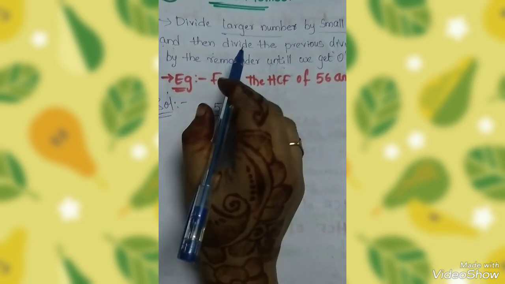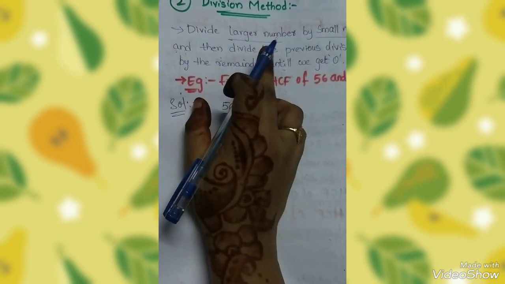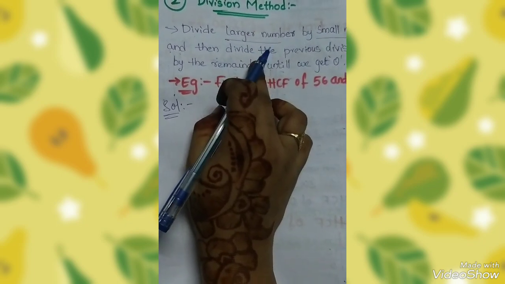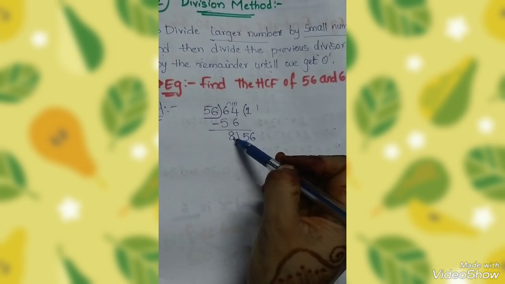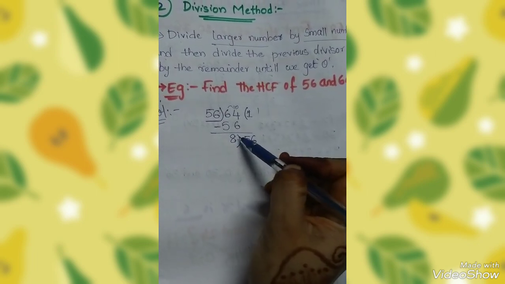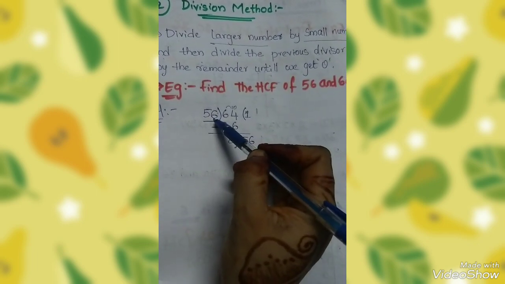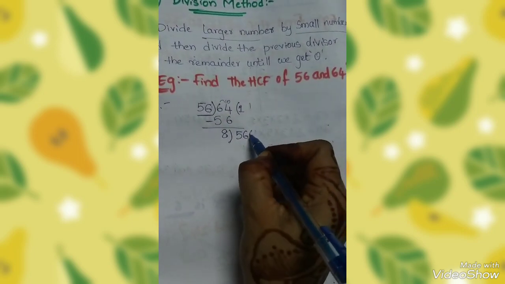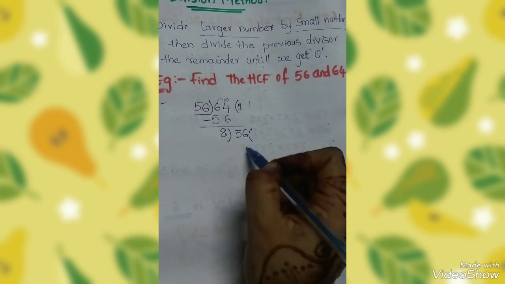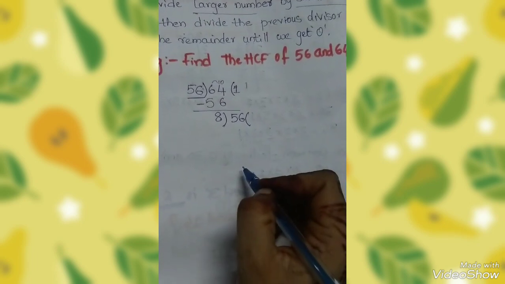First of all, understand this process. We get the remainder, so by this remainder we divide the previous divisor. Write down the previous divisor here, and continue like this until we get 0.